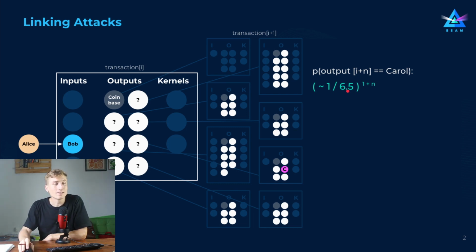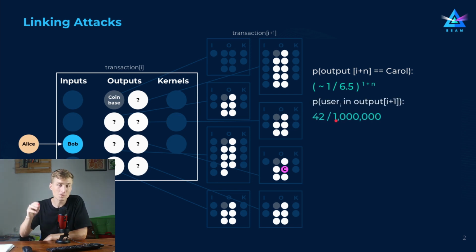All right, let's look at it the other way though. Let's say that Carol is not Bob's intended recipient. What is the probability of Carol randomly ending up in this anonymity set? Well, if we just use as an example 1 million active Beam addresses, the chance of hers being chosen would be 42 out of 1 million. So it's very unlikely that Carol will randomly show up here.